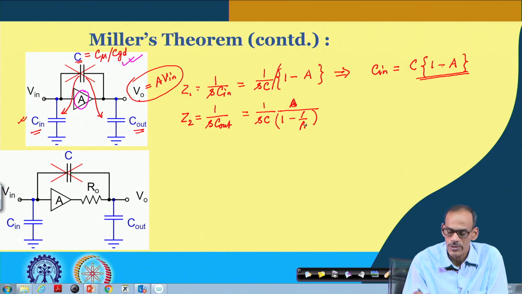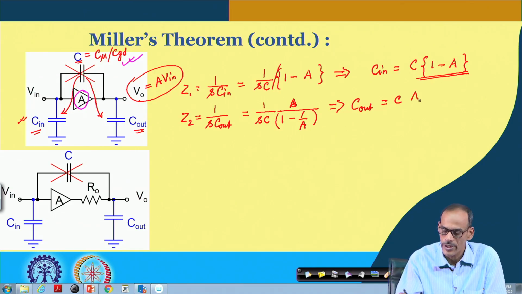That gives us C out equals C multiplied by A minus 1 divided by A.